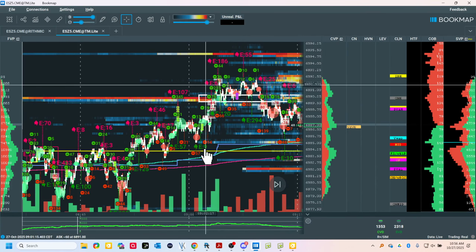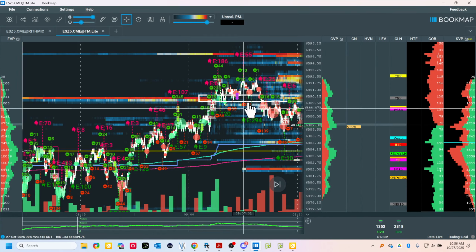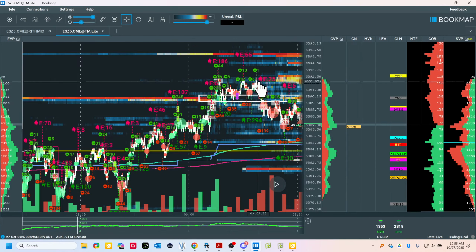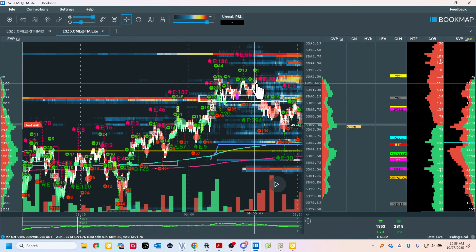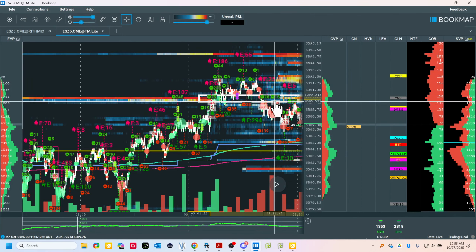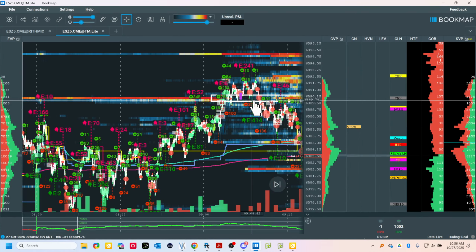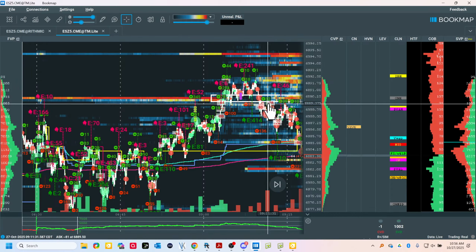I'm seeing high price, more selling Delta, suggesting the sellers are now taking control and they're absorbing the buyers. Break low, sell trigger. This is a short. Mine was like 89.25. Luck of the draw, who knows?